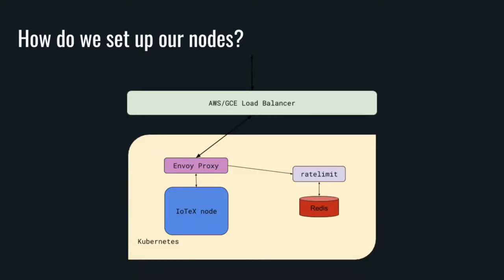So there will be a load balancer in front of your cluster, and inside the cluster, in front of the IoTeX node, we have Envoy proxy. There are two or three major reasons for having this proxy. One is that, as you may already know, our API uses gRPC.